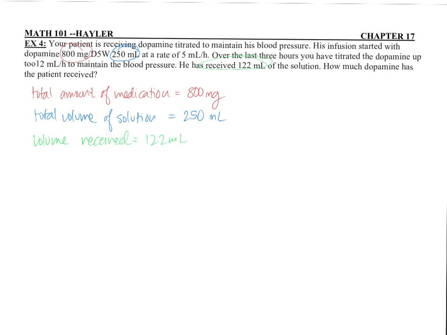Okay, we can go ahead and plug this into the proportion once again. On top we have 800 milligrams over the 250 milliliters, total amount, and then the amount we're trying to figure out, which is the amount of medication received, over the 122 milliliters.